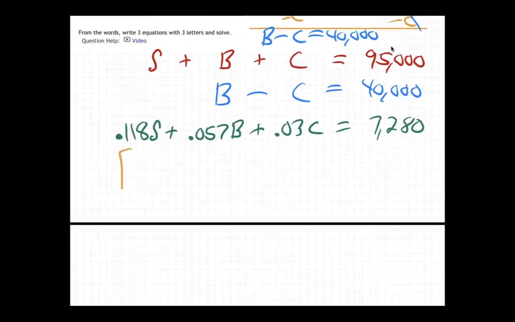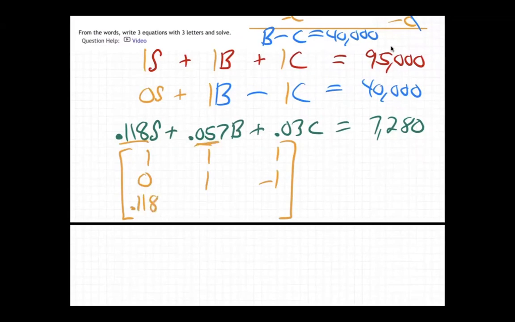So let's do it. This is going to become 1, 1, 1. And this is 0S, because there's no S there at all. It's 1B minus 1C. And then 0.118, 0.057, and 0.03. There we go.